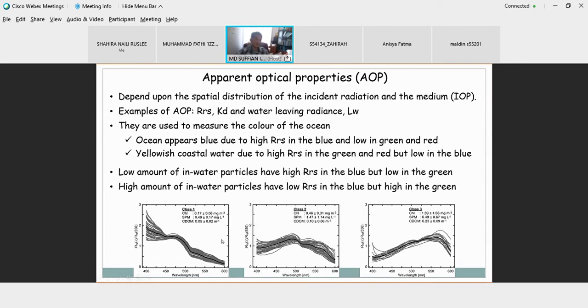For the clear waters in the South China Sea, we can see high reflectance in the blue and low reflectance in the red. There are minor peaks in the green wavelength. Nampak kat sini blue reflectance is high.